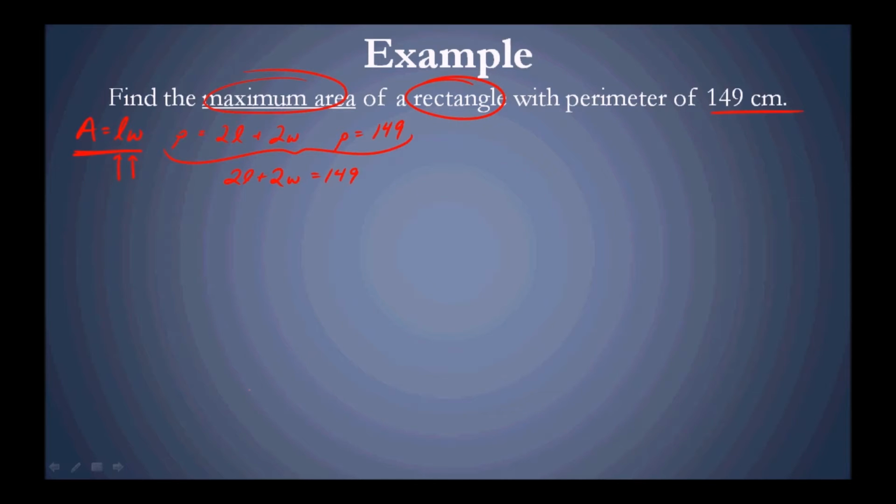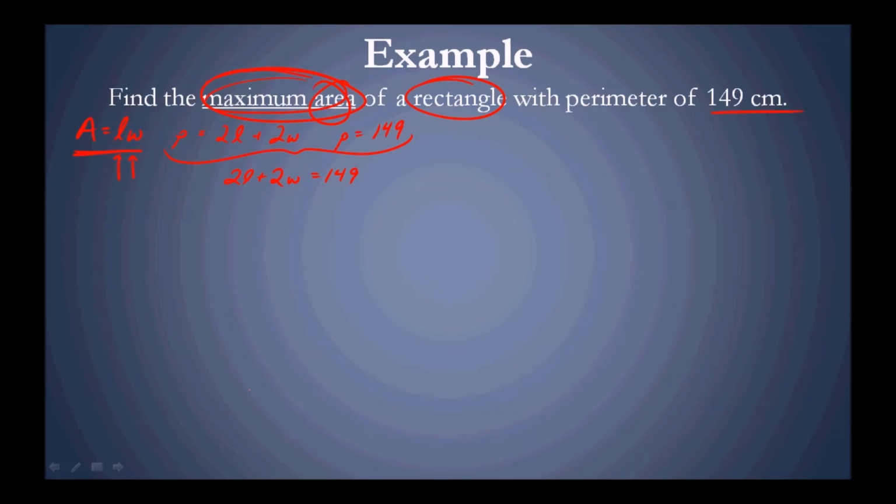Area right now is a function of two values, length and width. However, we can't differentiate area. We cannot optimize or find the maximum of the area if there are two different variables, because we can't differentiate that. So we need to get area in terms of one variable.